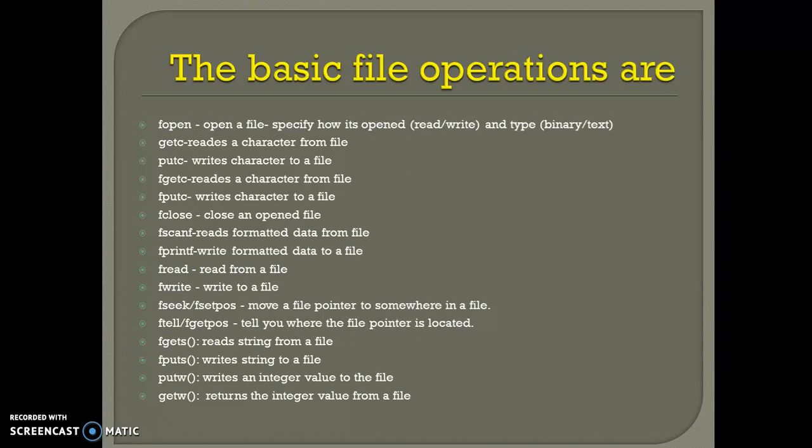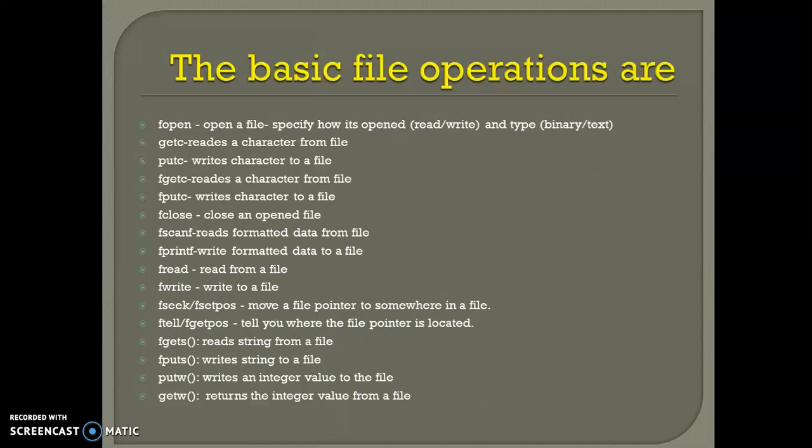We can read one string from a file, and also write one string to a file using fputs. Similarly, we can read one integer using getw, and write one integer into a file using putw.